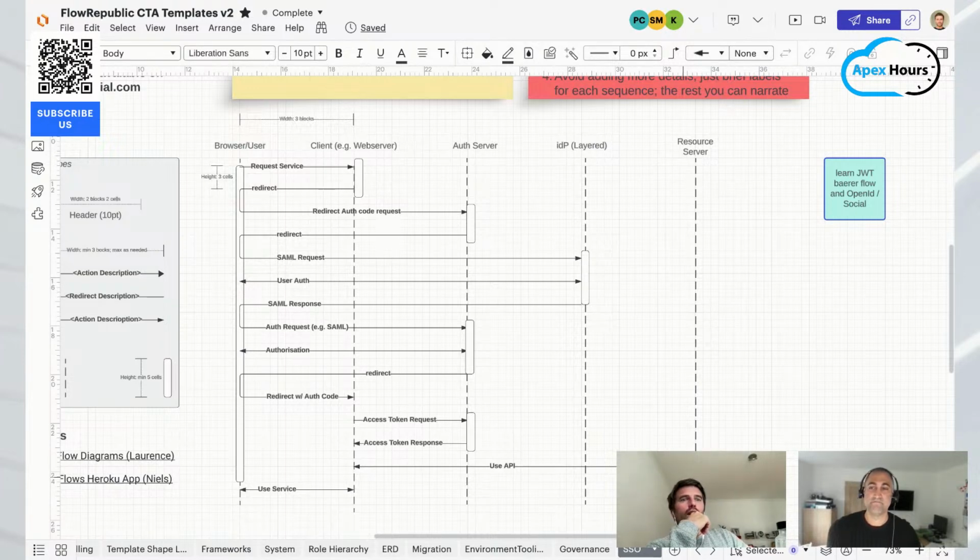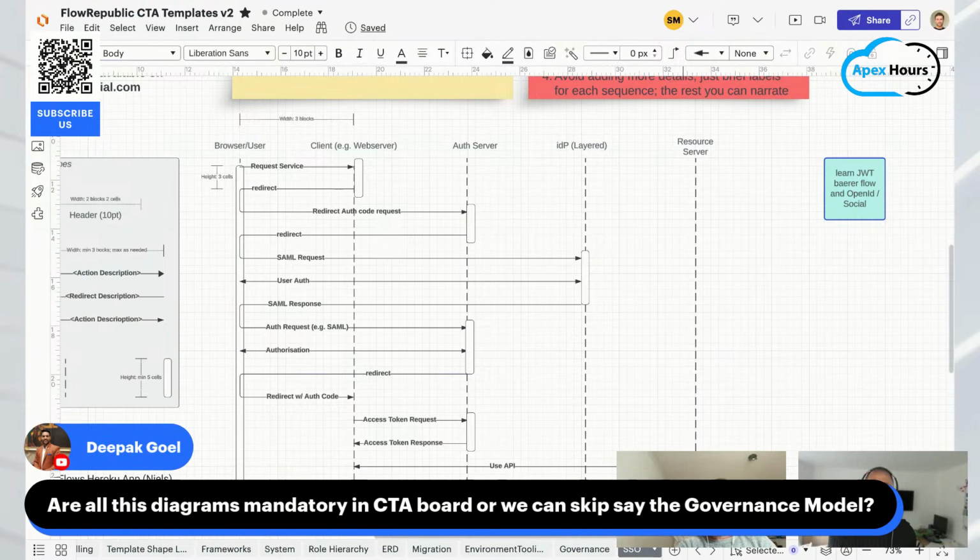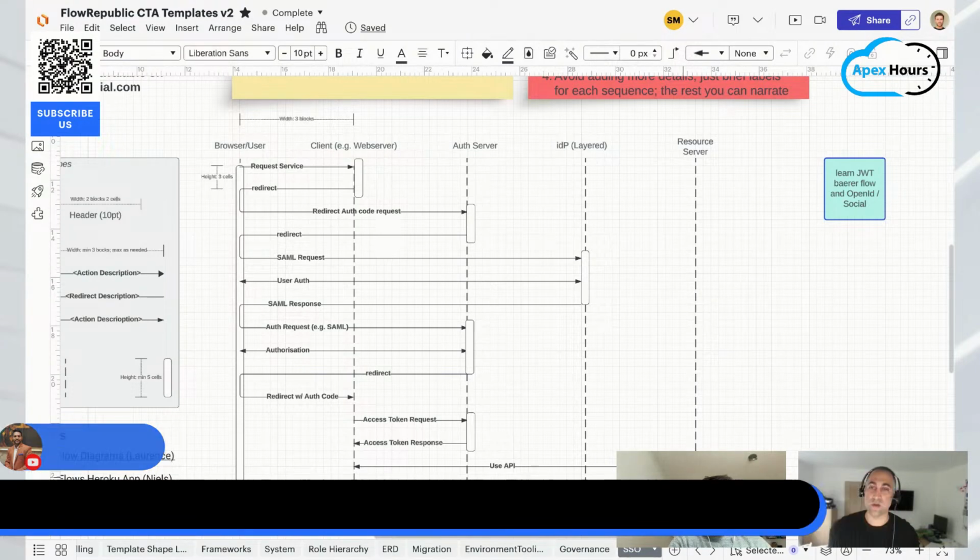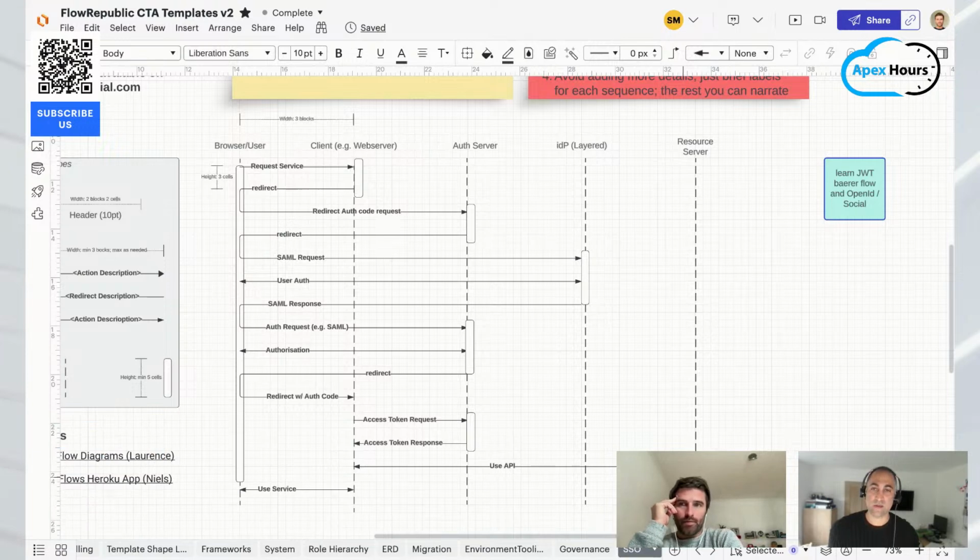Okay, cool. That's another question. Are all the diagrams mandatory in CTA board? Can you skip a governance model? I go back to my previous comment. So if you feel you can describe in enough detail the complexities and the impacts and risks relating to the governance model without an artifact, then first of all, kudos to you.